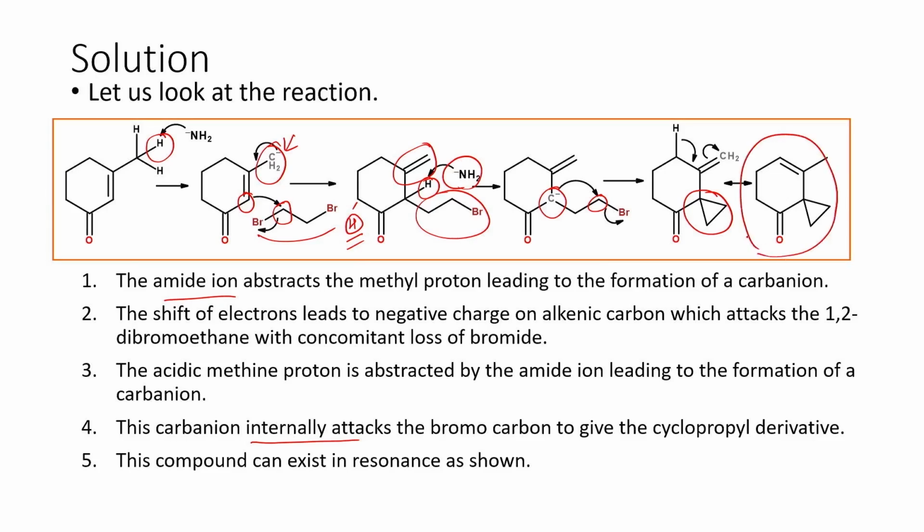That is what is shown here. One of the hydrogens is shifted from here, where the alkenic bond becomes a methyl unit. That is how we end up with the alkene, with the exocyclic double bond shifted to the ring system. So these are in resonance with each other.